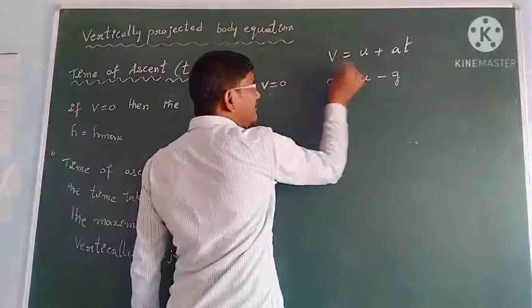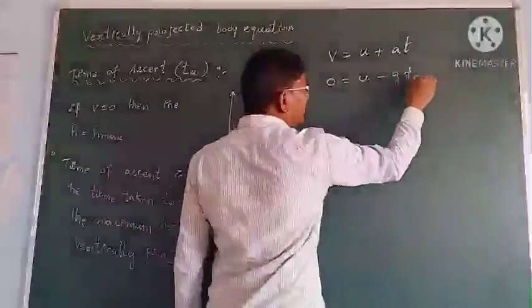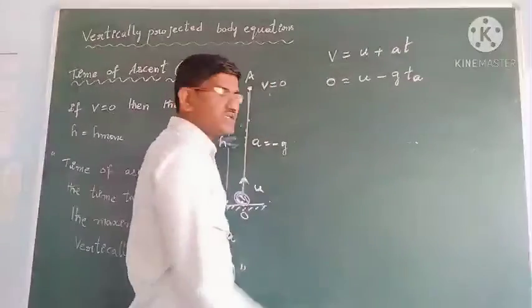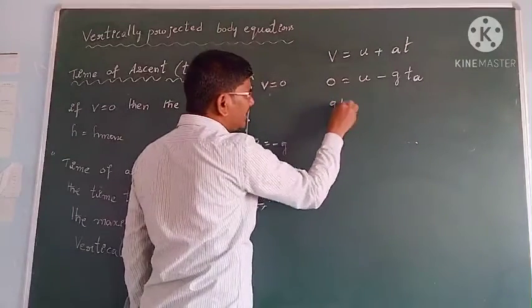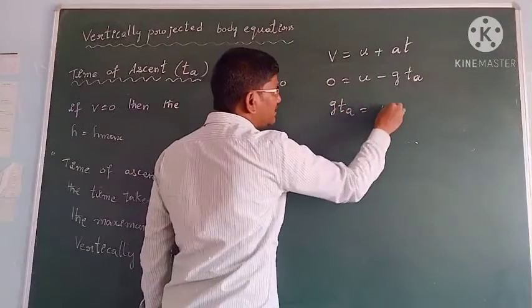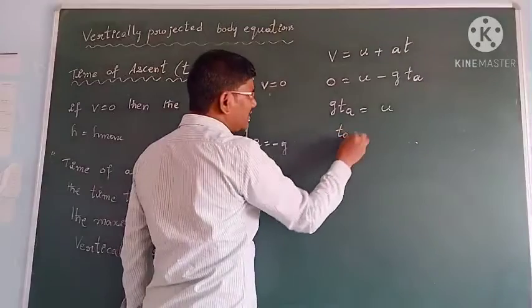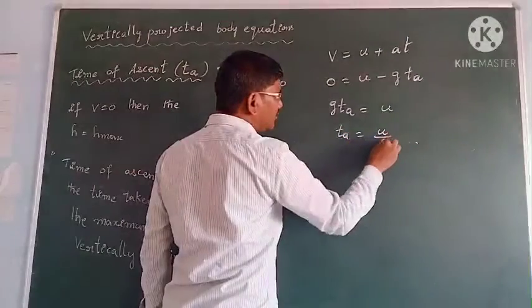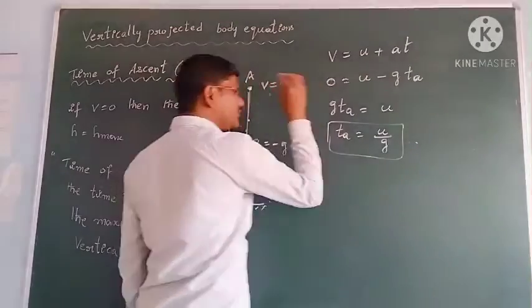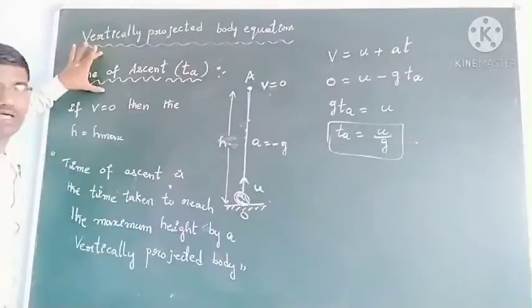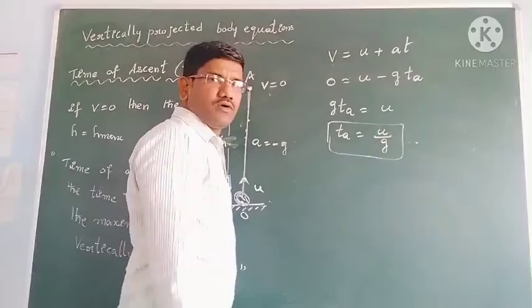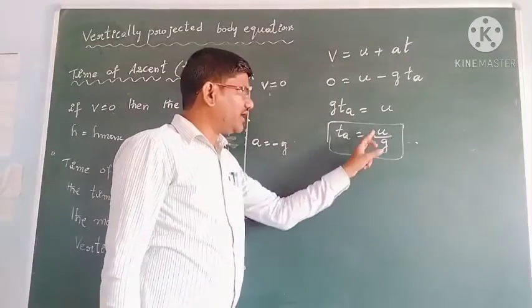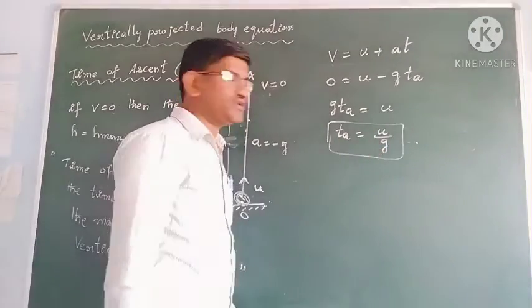And whenever v is 0, the time is called time of ascent, we will call it t suffix a. Then that minus g t_a comes to this side, it will become plus g t_a, that is equal to u. Then t_a is equal to u by g. So the time of ascent formula we got is u by g. Okay. So we got initial velocity by acceleration due to gravity.